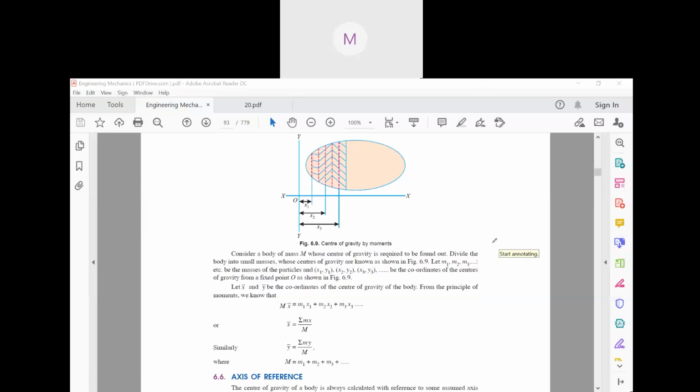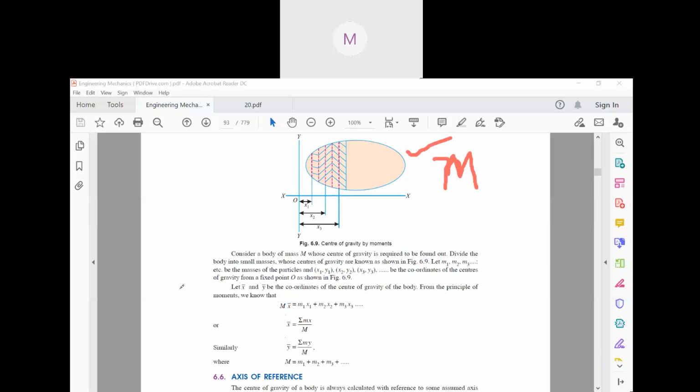Now look, if you consider this as the whole body of mass, this is capital M, so the whole body of mass capital M, then the small parts are m1, m2, m3.